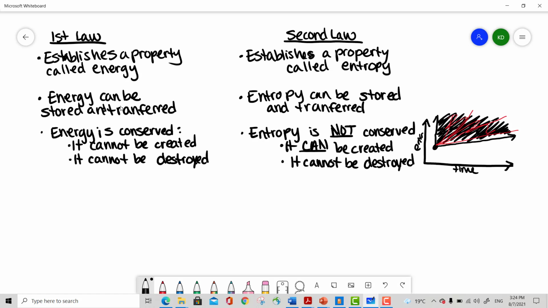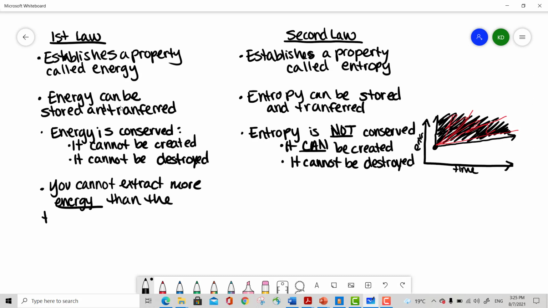And then, let's see. For the first law, you cannot extract more energy than the total energy present in the system.